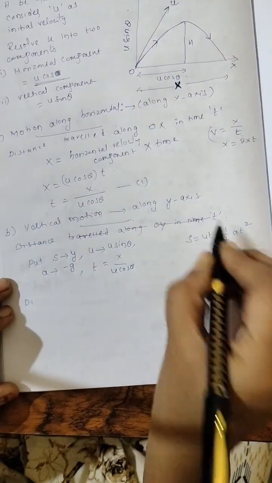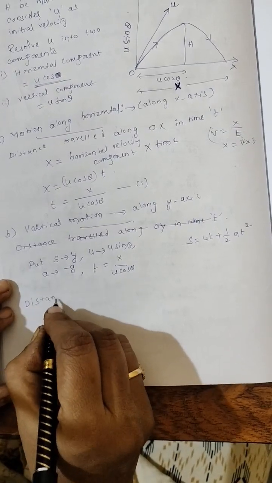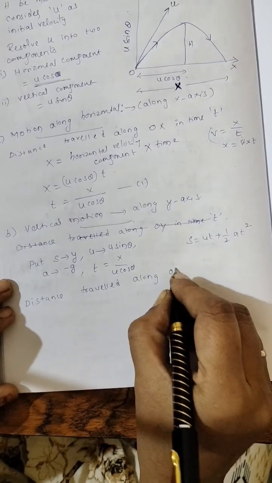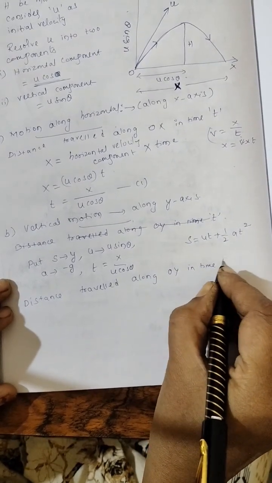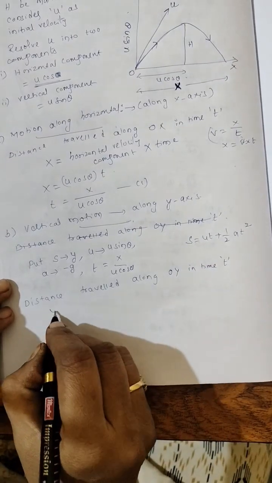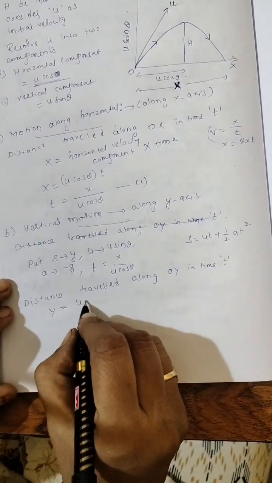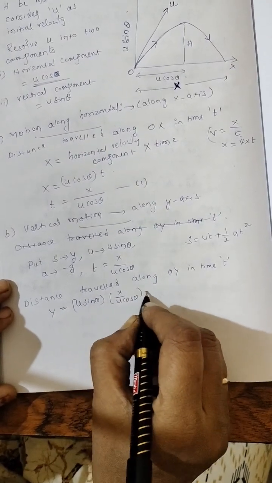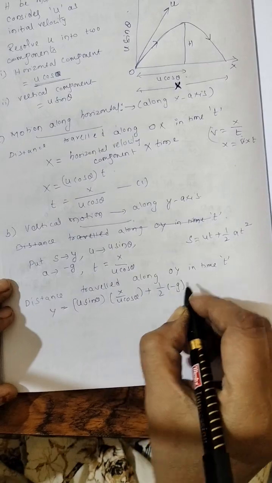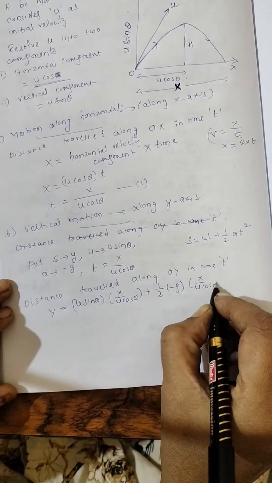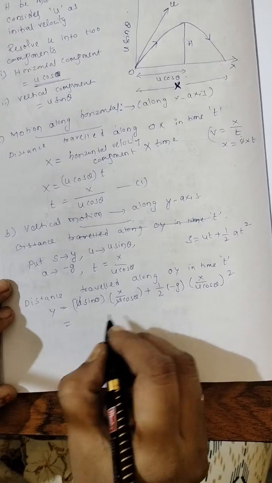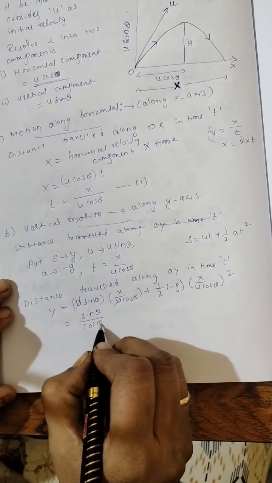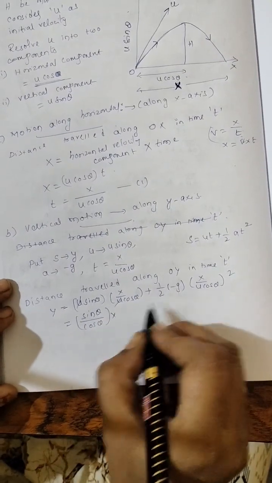Now, distance traveled along OY in time t. So substitute: y equals u sin theta times t, which is x by u cos theta, plus half times a, which is minus g, times t square, x by u cos theta whole square. u strikes off, sin theta in numerator, cos theta in denominator, and x remains.